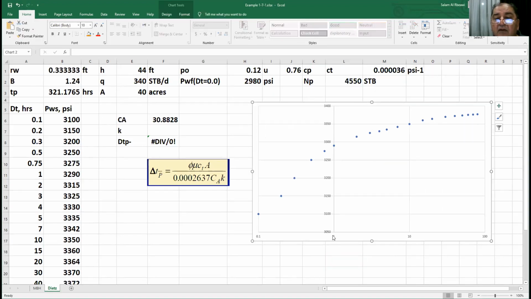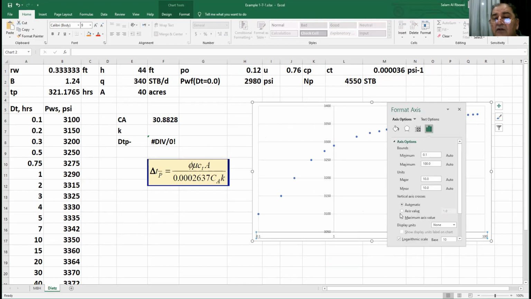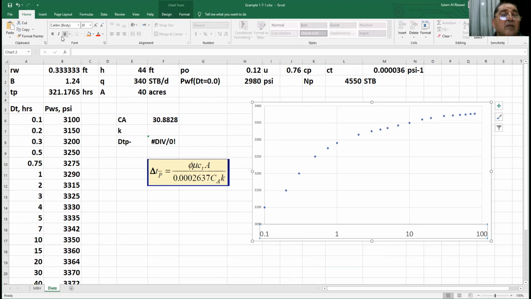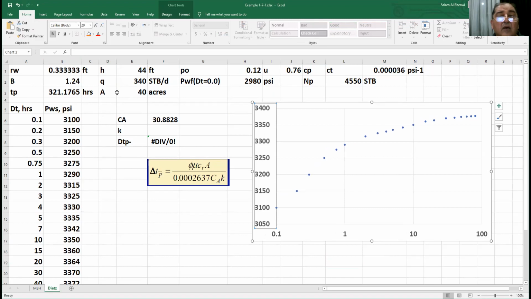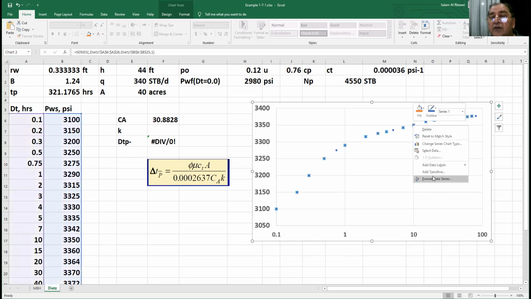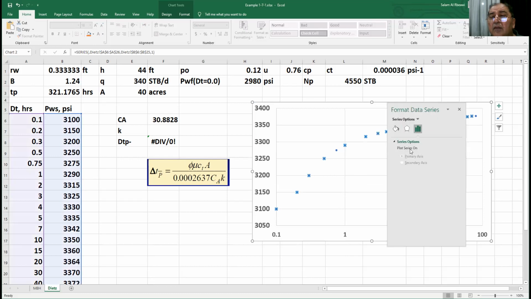This would be fine. Now, let's organize the chart. Let me get it down a little bit. And I'm going to change the markers, make them bigger.